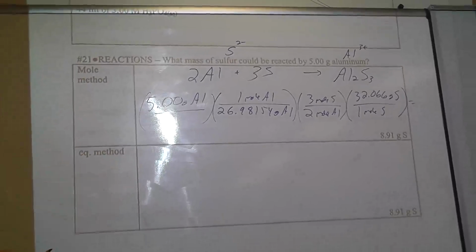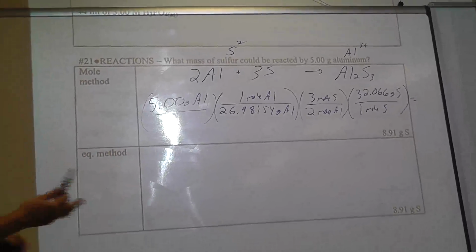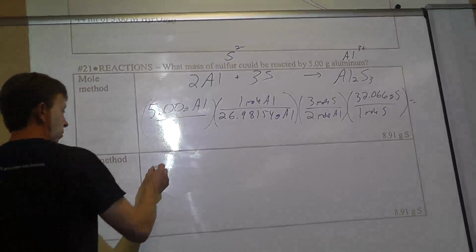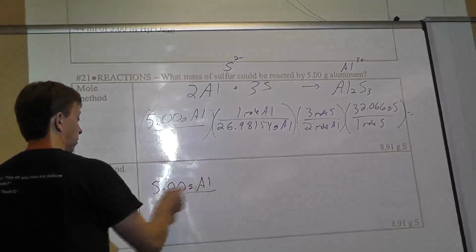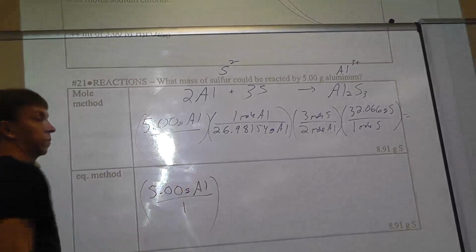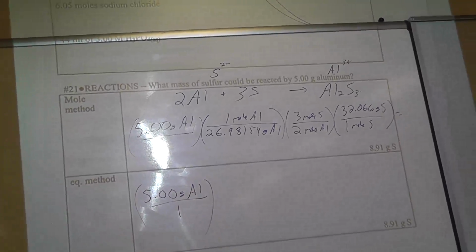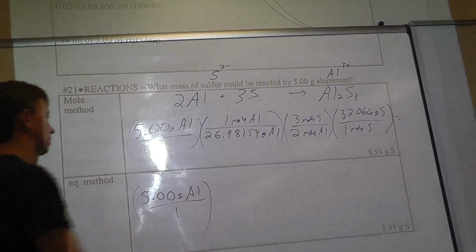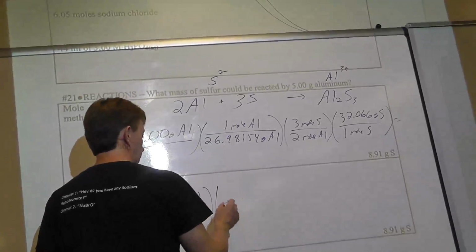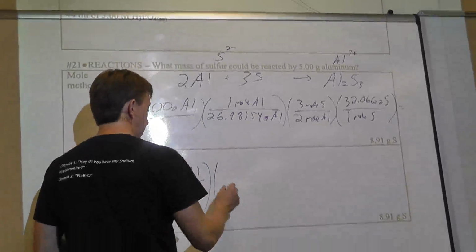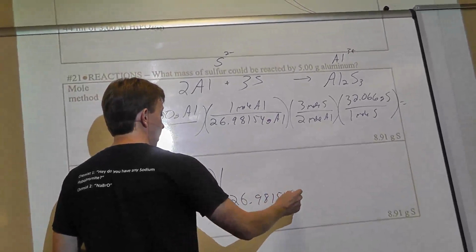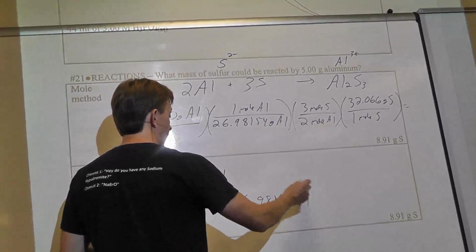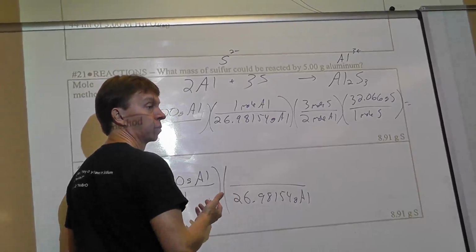Doing this same one by the equivalence method, we don't need the balanced equation. We can go straight into the math. Here's our 5 grams of aluminum. And plugging in everything we know about aluminum, 26.98154 grams of aluminum carries how much charge?